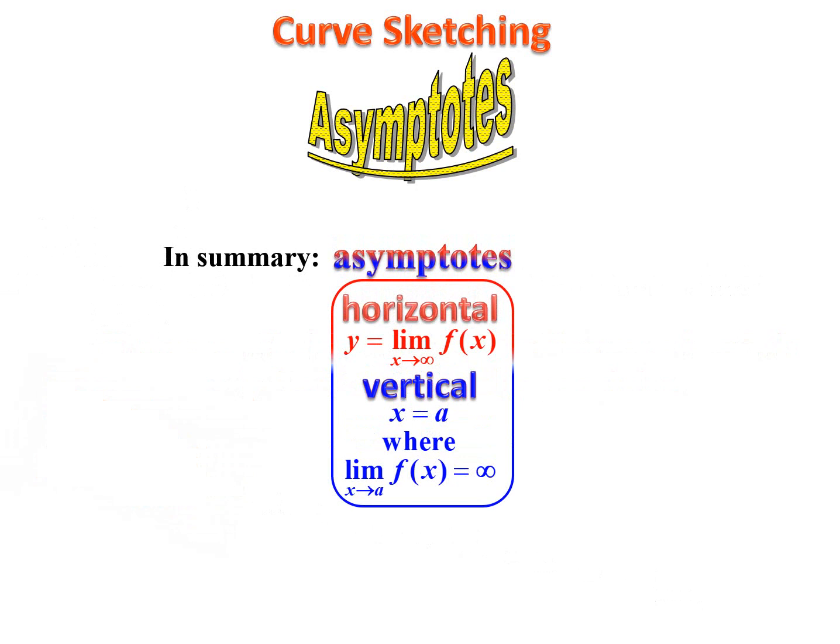So summarizing, for the horizontal, the limit of f of x as x tends to infinity, and for the vertical, x equals a, where the limit as x tends to a of f of x equals infinity.